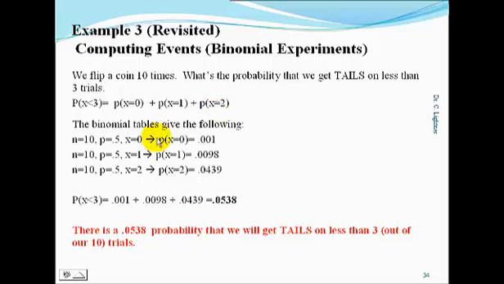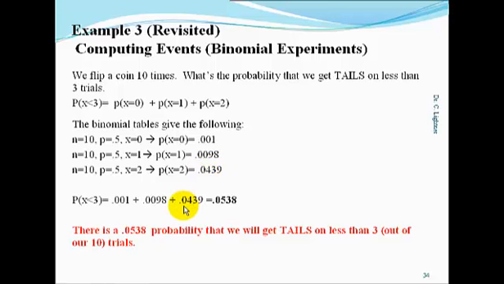If we go to the binomial tables, where n is equal to 10 and p is equal to 0.5, we can find the probability of having X equals 0 successes, which is 0.001, the probability of having X equals 1 success, which is 0.00098, and the probability of having X equals 2 successes, which is equal to 0.0439.